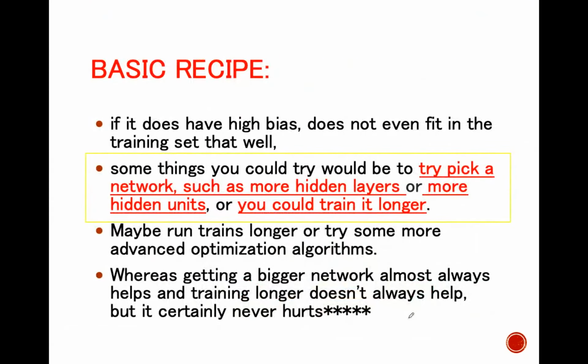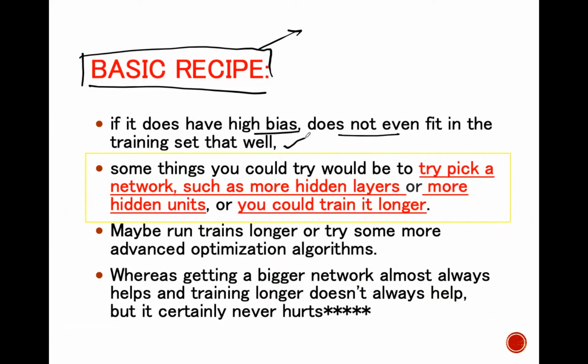First and foremost, this is very important, guys. If you have not understood this concept, raise a flag and I'll explain it. If the model has high bias and does not fit the training set well, this is called underfit.